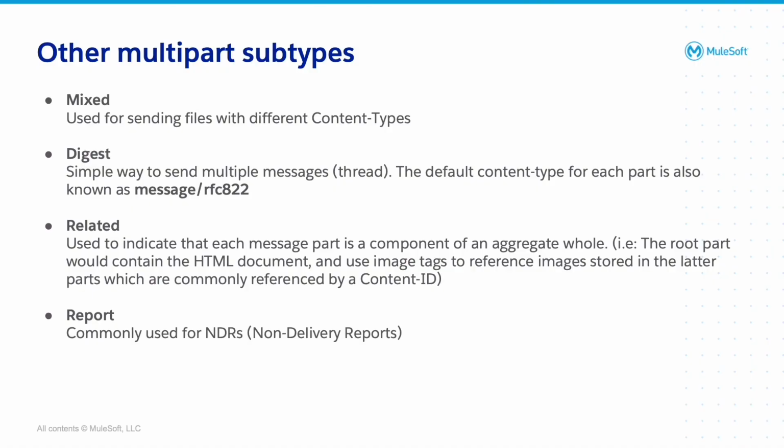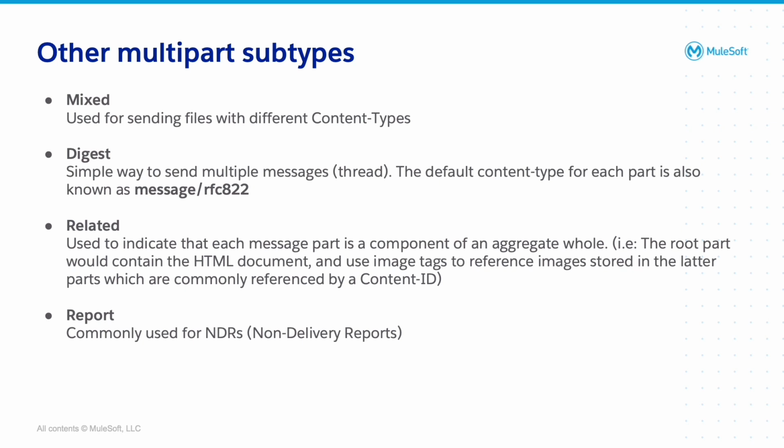Let's talk about the multipart subtypes. There are many subtypes available as part of the multipart family. Let's start with mixed. The mixed multipart subtype is used to send attachments in most cases. We also have the digest one, which is used to send email threads.